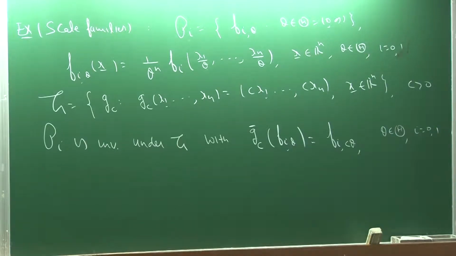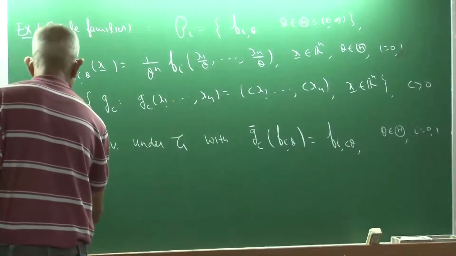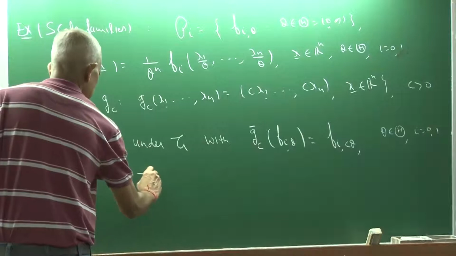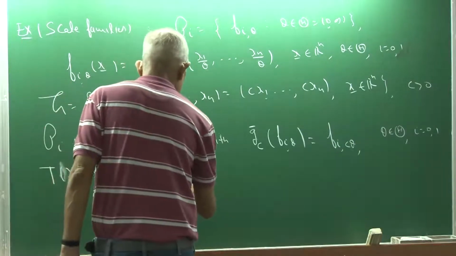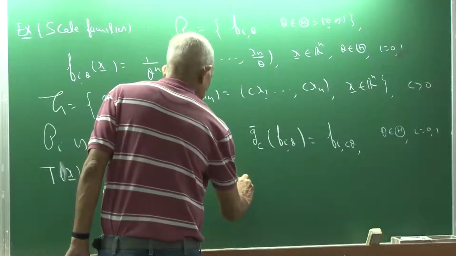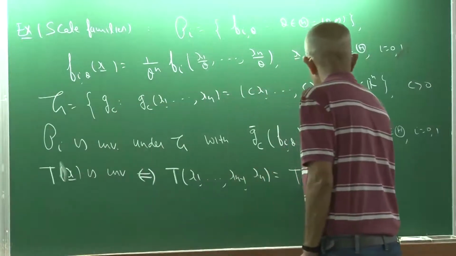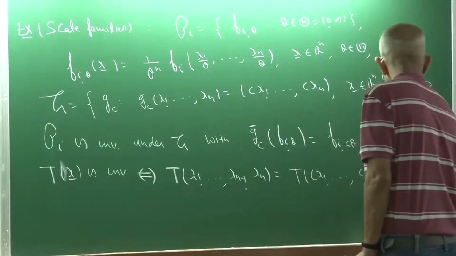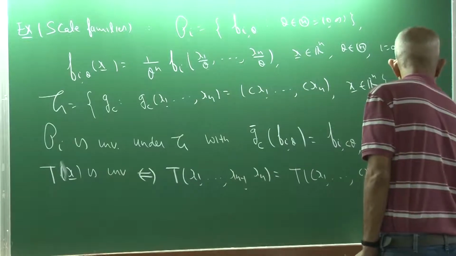So I need to see what the structure of an invariant statistic is. A statistic T(x) is invariant if and only if T of gC x should be the same as T of x, so that means T of x1, x2, ..., xn minus 1, xn should be the same as T of Cx1, ..., Cxn minus 1, Cxn for every x belonging to Rn and C positive.